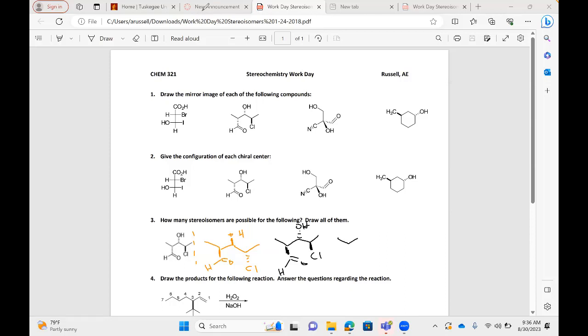So let's do that. I'll get better with this touch screen. This is weird, but it's convenient though. Excuse me, Dr. Russell. Go ahead. When you change a wedge to dash and vice versa, can you only do one per diastereomer? Yes, sir. You only change them one at a time. Okay.